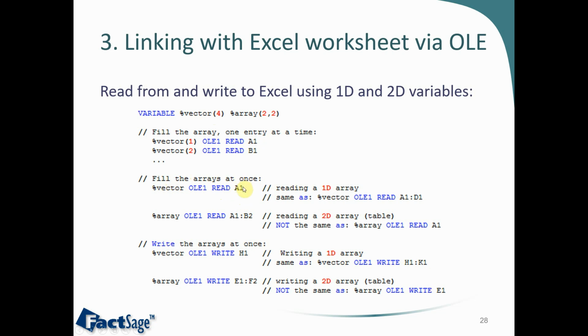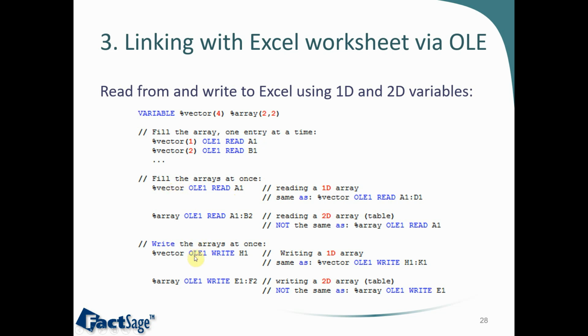The macro processor will automatically include horizontally adjacent cells when the entire 1D variable is called. So here, the macro processor will read the values of the 3 horizontally adjacent cells and fill them inside the variable entries. So basically, B1, C1, and D1 will also be included in the vector.